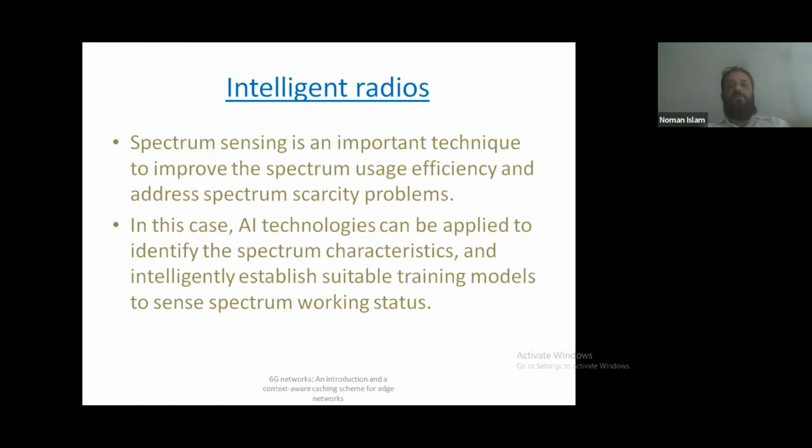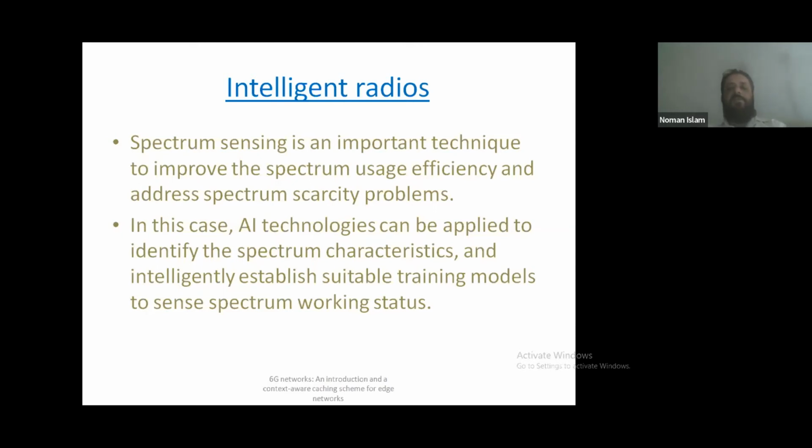So that is the concept of cognitive radios, and it will be enhanced further by using artificial intelligence to perform different decisions, such as which particular spectrum is going to be used based on its possible usage frequency, usage patterns in the future.